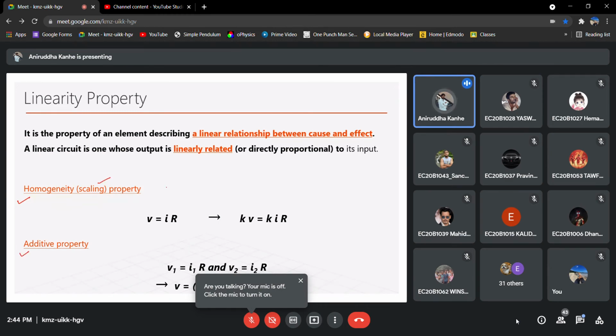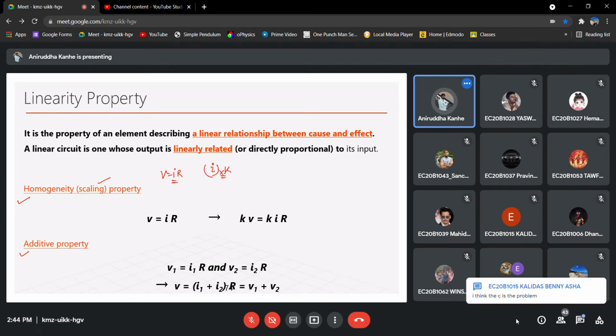So what is the scaling or homogeneity? If V equals IR, and let us say you are increasing the I by a factor K, then the same amount of increase must be seen at the output also.